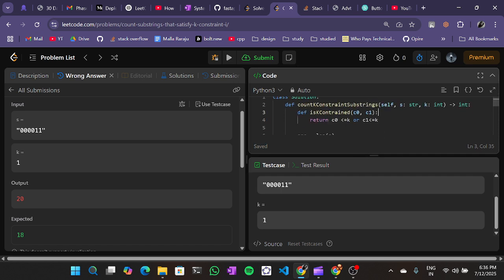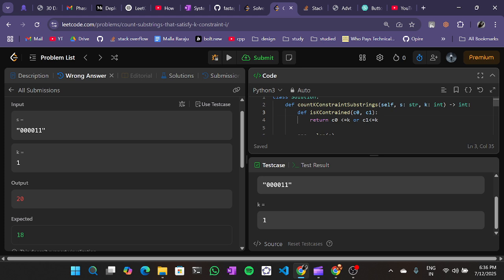If C0 is less than or equal to C1, if both are greater than K, then it will return false.